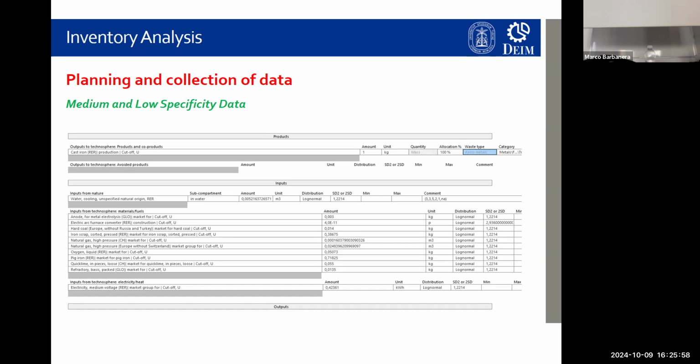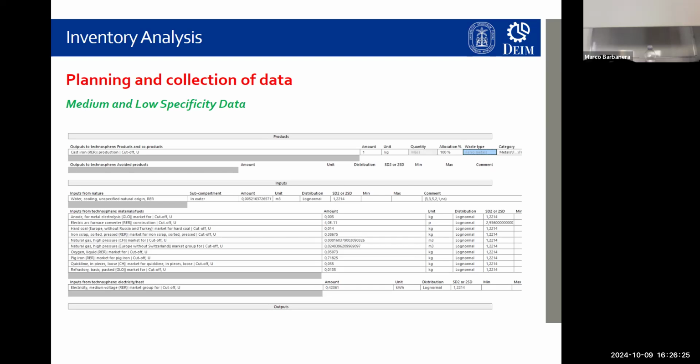But for us, at this moment, we can see the structure of a unit process inside the software. So inside the software, each process is characterized by this structure. The first line is the name of the process, and then you have a section for the input data and a section for the output data. Okay.